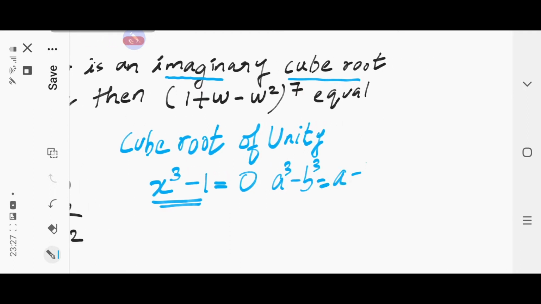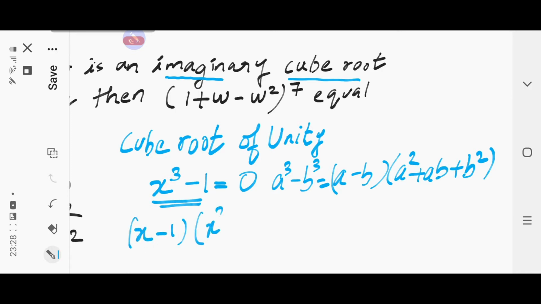You know that it is (a minus b) into (a square plus ab plus b square), right? Therefore, x cube minus 1 can be written as (x minus 1) into (x square plus x plus 1) equal to 0.